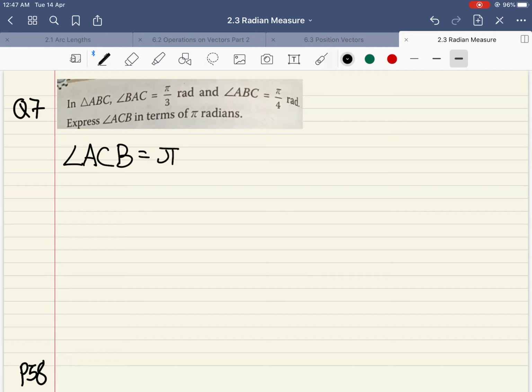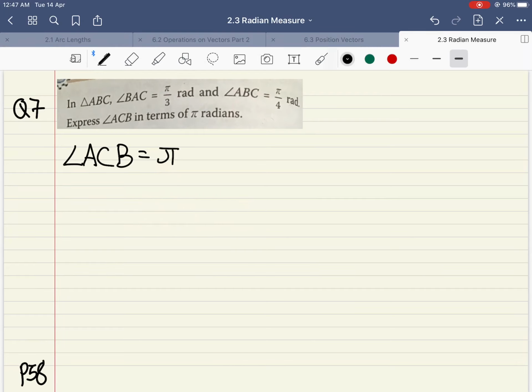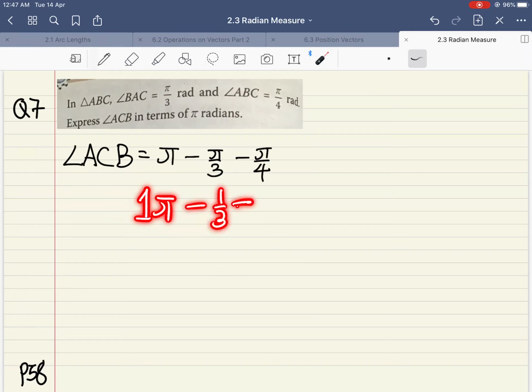So if I have two angles already, to find the third angle ACB, I'll take pi, which is the angle sum of a triangle. Let me write it down here. Angle sum of every triangle, pi radians, minus pi over 3 minus pi over 4. What I'm doing is taking 1 pi minus 1/3 pi minus 1/4 pi.